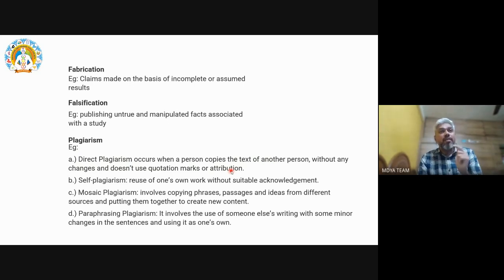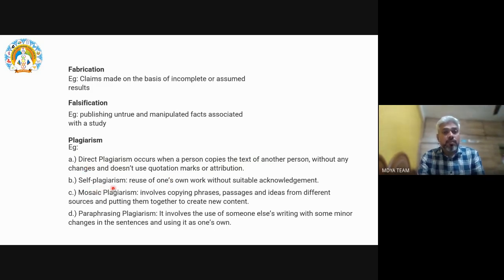It means you take references from another book, another research, any kind of article or literature review, as they are, and you are not quoting it or giving attribution to it. That is direct plagiarism. Your research will not be accepted if you use direct plagiarism.